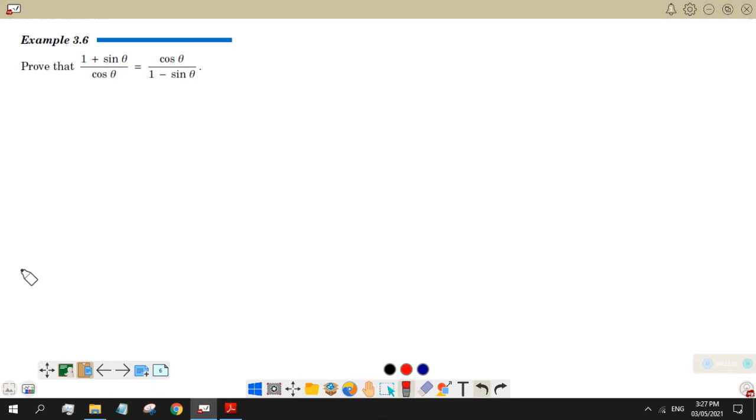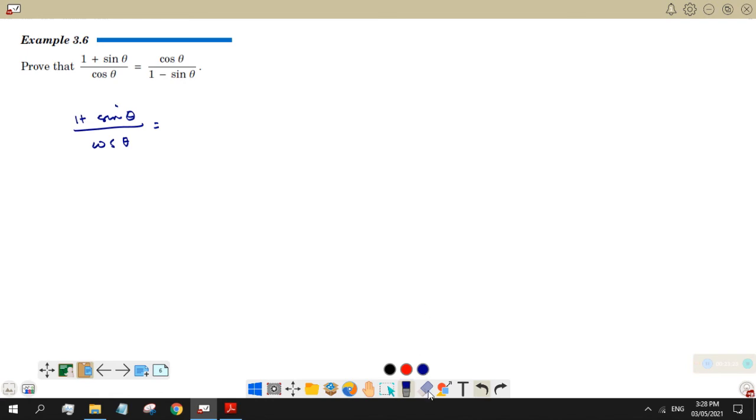1 plus sine theta over cosine theta. Yan na. We have here 1 plus sine theta over cosine theta. Parang hindi ko siya kita kaagad kung paano isolve.